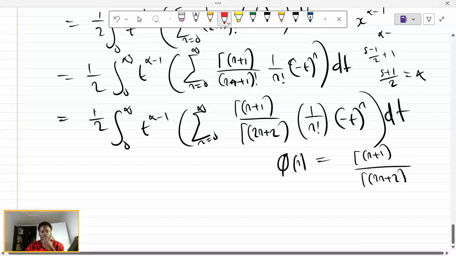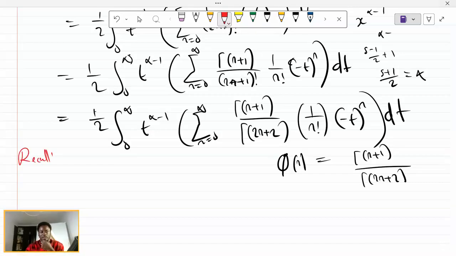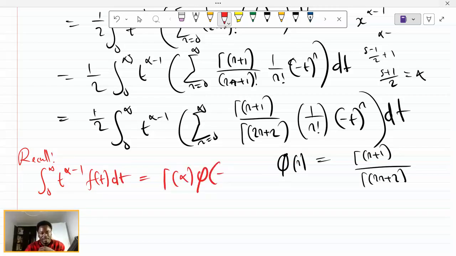We're going to stop here and recall that the integral from 0 to infinity of t to the alpha minus 1 f of t dt is gamma of alpha times phi of negative alpha.